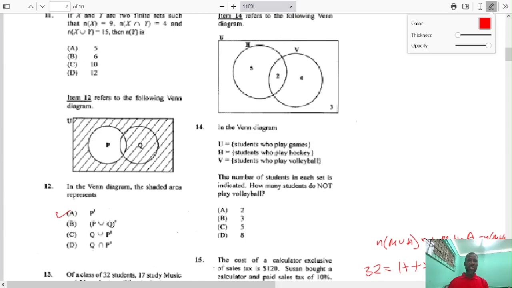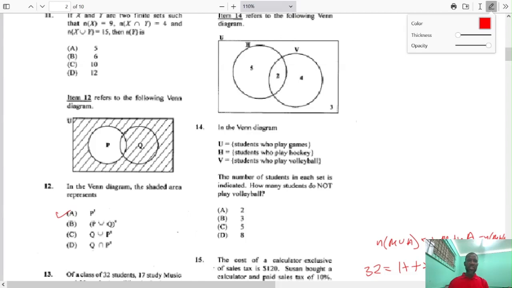So first we want to find 10% of 120. So 10% of 120 becomes 10 over 100 times 120, and that is going to be equal to $12.